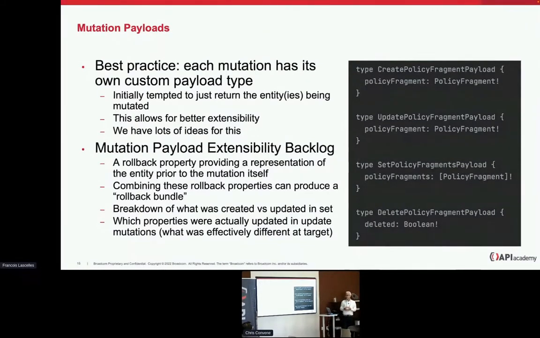So the GraphQL best practice is, it's kind of weird coming from a REST perspective, but errors actually come back as an HTTP 200 with error information in the payload itself, depending on which layer the error happens in. So changing payloads allows you to specify errors.